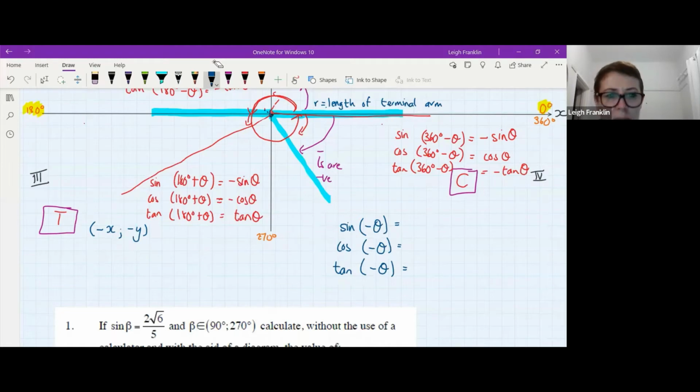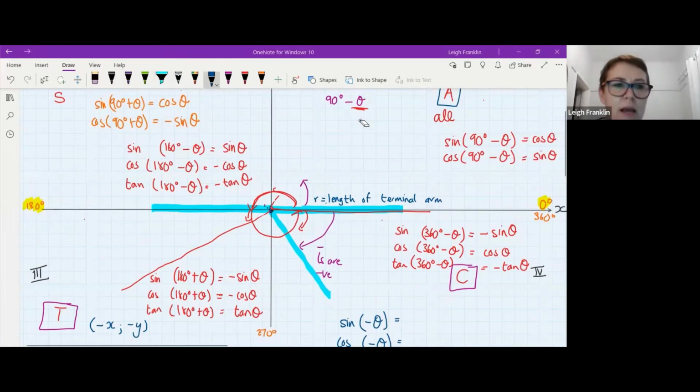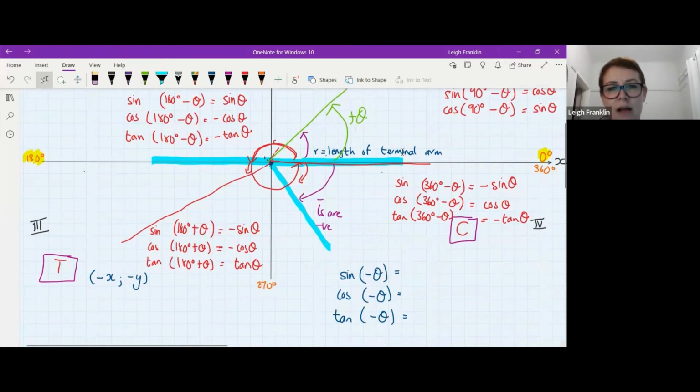It means the terminal arm is now going in the anti-clockwise direction. Absolutely. So instead of going theta degrees in a positive direction, I have reversed my direction. That is minus theta degrees, so it's a reflection of the terminal arm over the x-axis.